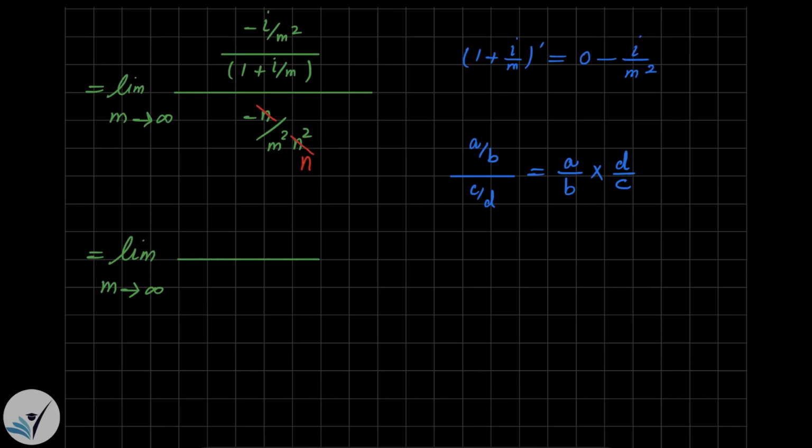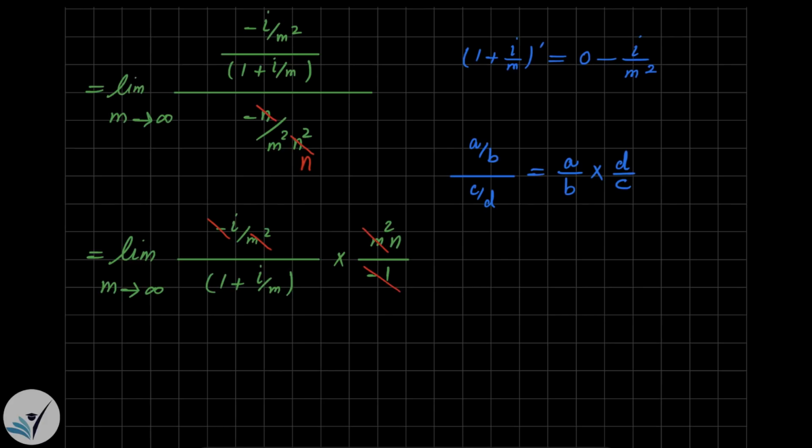The first fraction is negative I divided by m squared over 1 plus I divided by m, times the reciprocal of the denominator, which is m squared n divided by negative 1. This negative 1 here and this negative sign here cancel out, and m squared here and here cancel out.